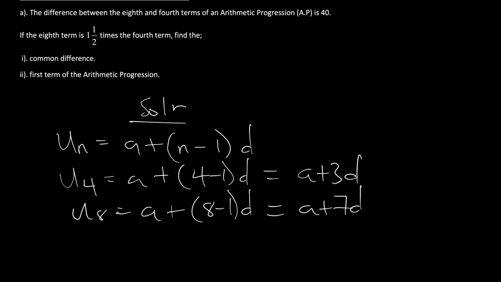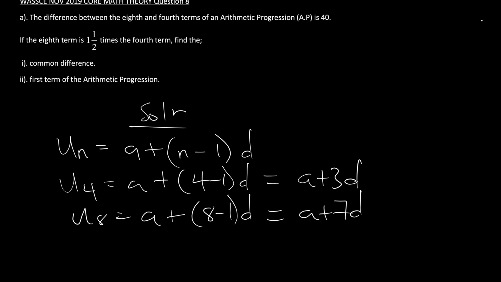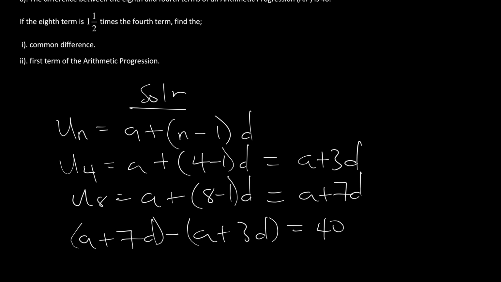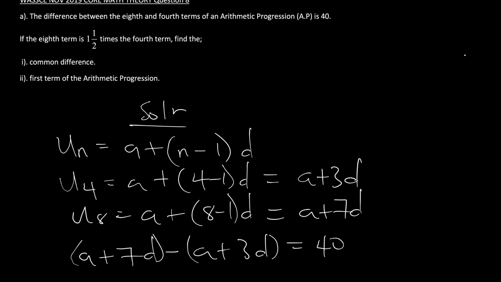And from our question, we know that the difference between the 8th and the 4th term is 40. So (a plus 7d) minus (a plus 3d) is equal to 40. And we are saying that the 8th term is one whole number 1 over 2 times the 4th term.